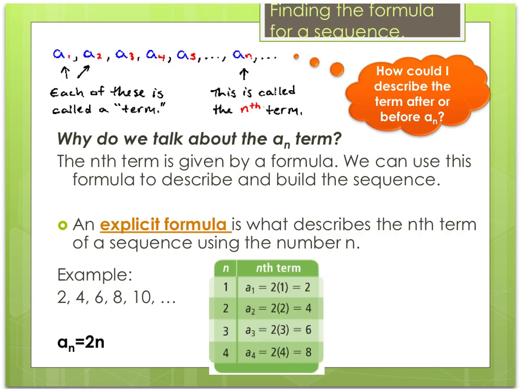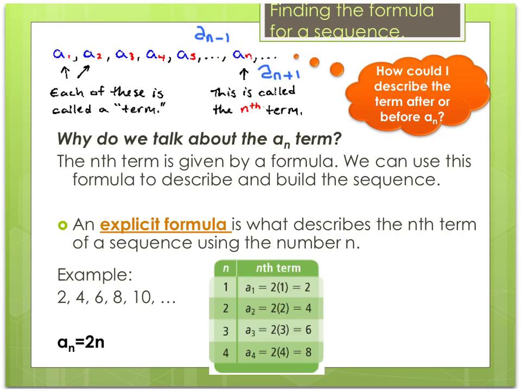So what did we do to get from 5 to 4? We subtracted 1, correct? So if I'm talking about A sub n, the term before it would be A sub n minus 1. And if I'm talking about the term right after it, well, that's A sub n plus 1. So if you see that notation, we're talking about the term right after A sub n or the term right before A sub n.